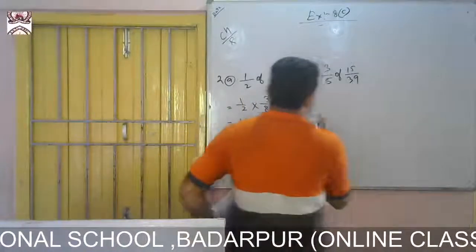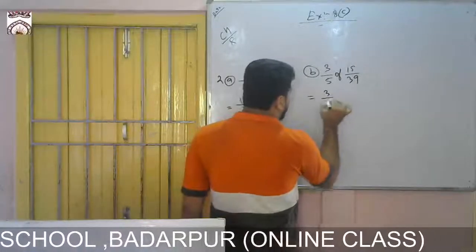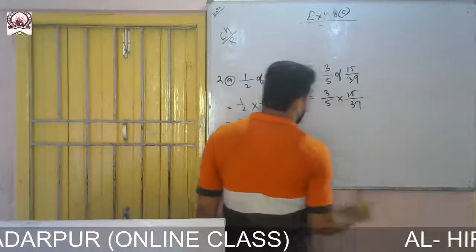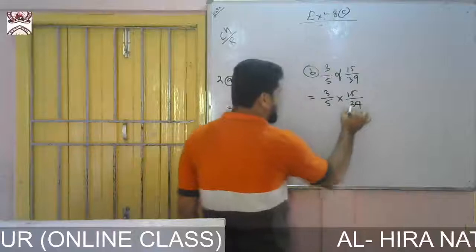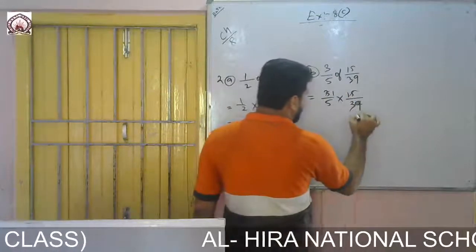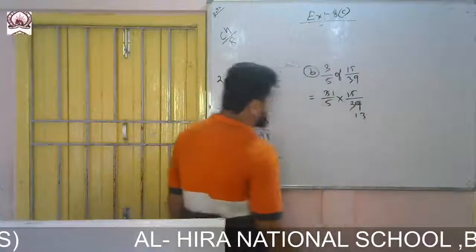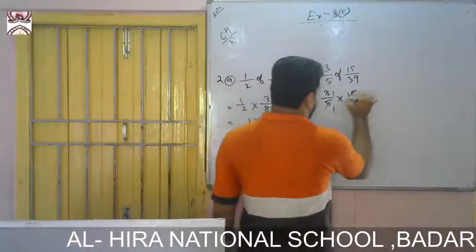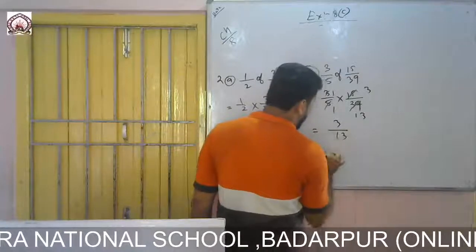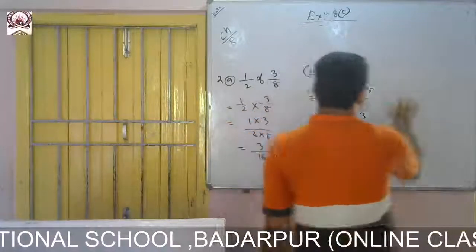So check 3 by 5 into 15 by 39. This one I can cancel with 3. 3 1s are 3, 3 3s are 9. 5 1s are 5, 5 3s are 15. So remain 3 by 13, the required answer.